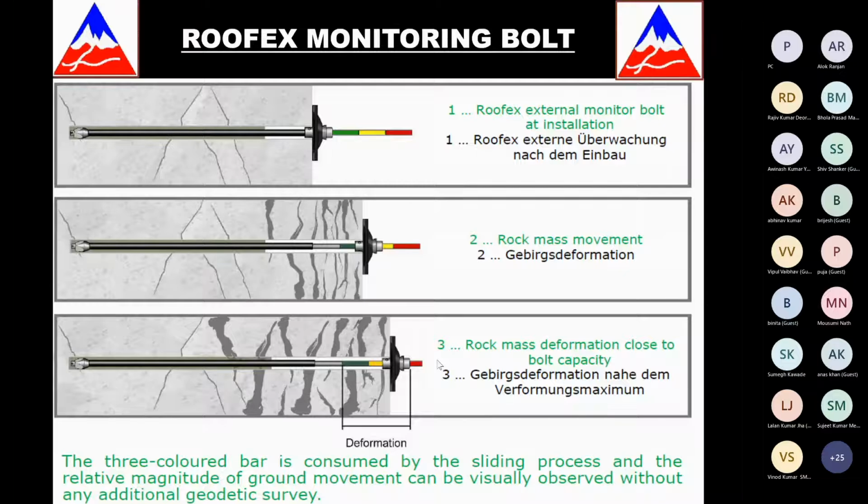After the deformations occur, obviously the rock will get pushed outside, because of which you will start seeing the yellow and then the red. When you see this, you understand that so much deformation has occurred that it has got you in the red zone, the danger zone, and more rock bolts should be put. So this is another tool for monitoring.